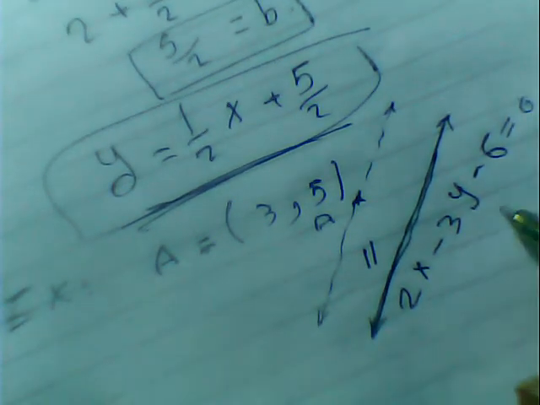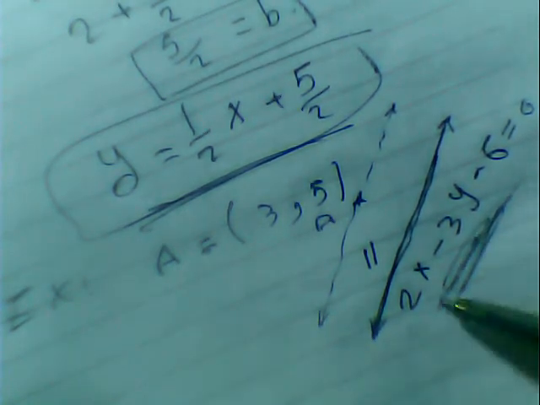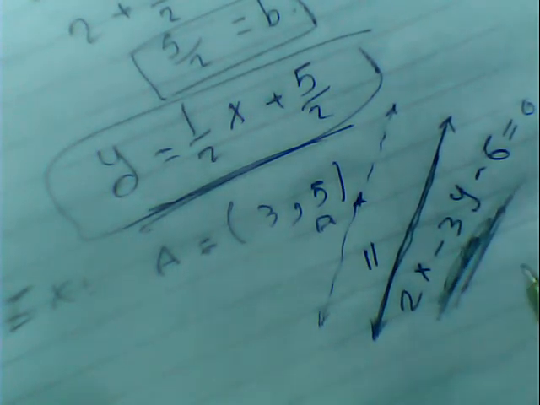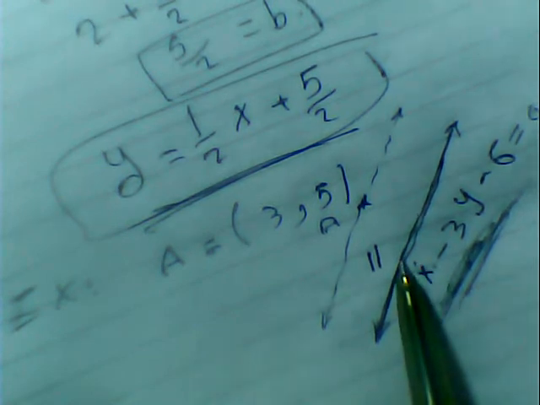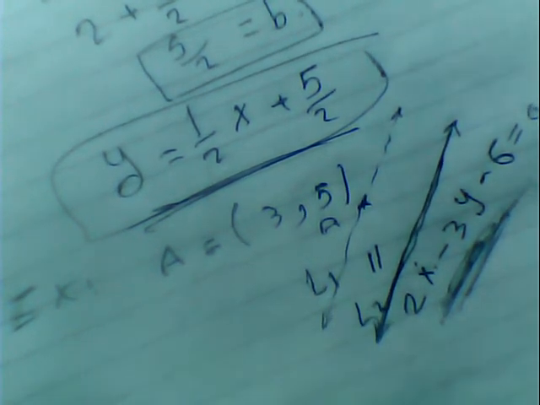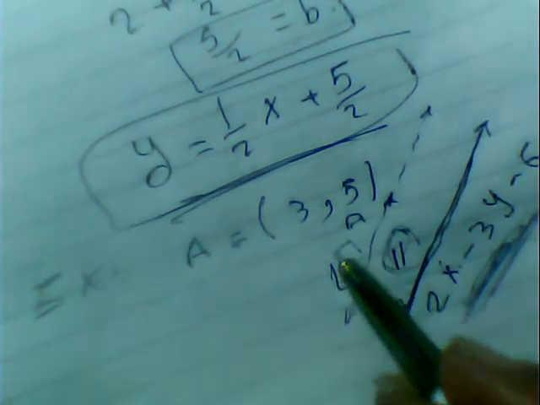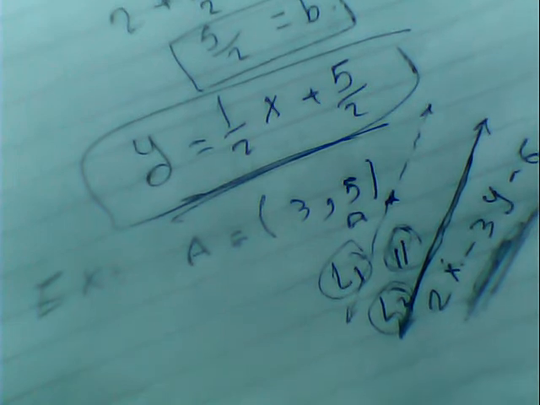How can we get the slope for this? If we have the slope for this line, then the slope of line L2 equals the slope of line L1 because they are parallel. Then slope L1 equals slope L2.